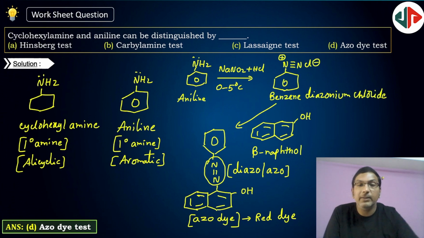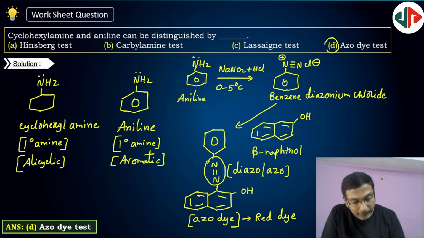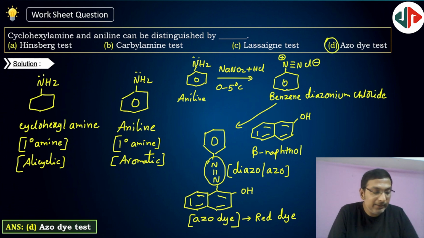So very important. So the azo dye test is a special test for aromatic primary amines. So here D. Aliphatic and aromatic primary amines can be distinguished by the azo dye test.